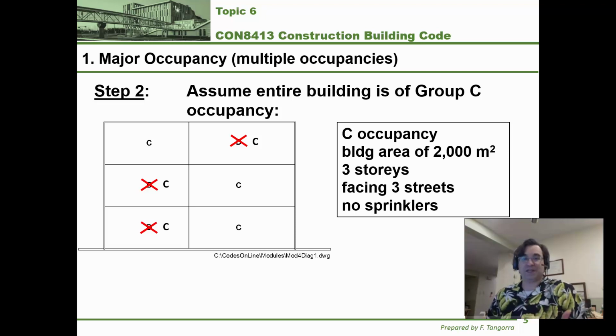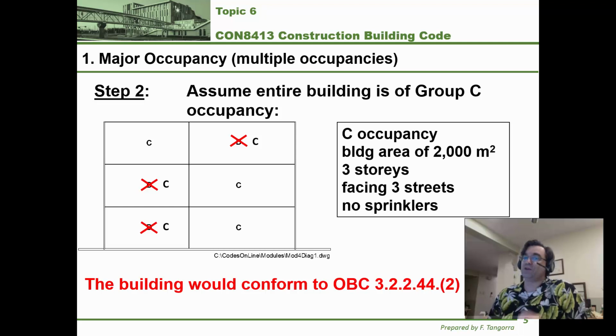Out of all of those 63 articles, in this case 3.2.2.44 applies because it's a C building, area of 2,000 square meters, 3 stories, facing 3 streets, no sprinklers. Great. We have 2 results.